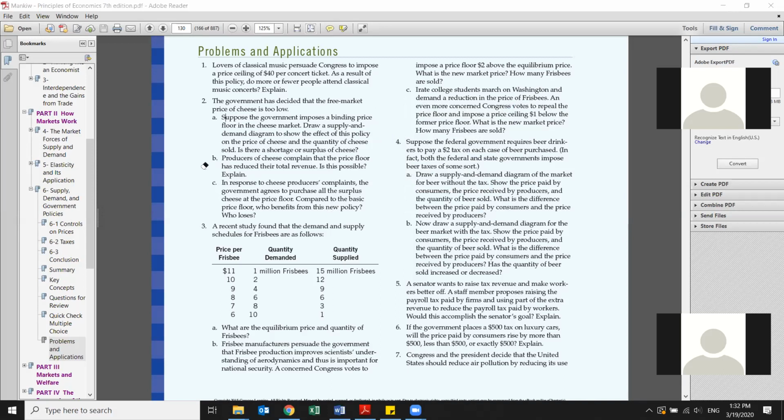Great. Let's move to the next question. Producers of cheese complain that the price floor has reduced their total revenue. Is this possible? And explain. Please think, is it possible that it has been reduced?